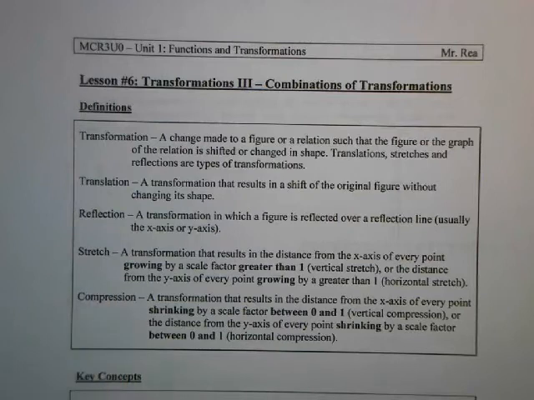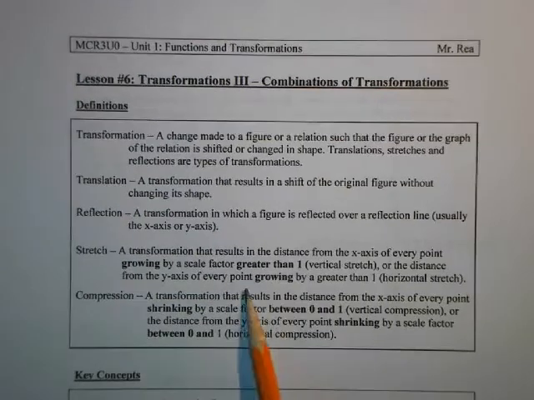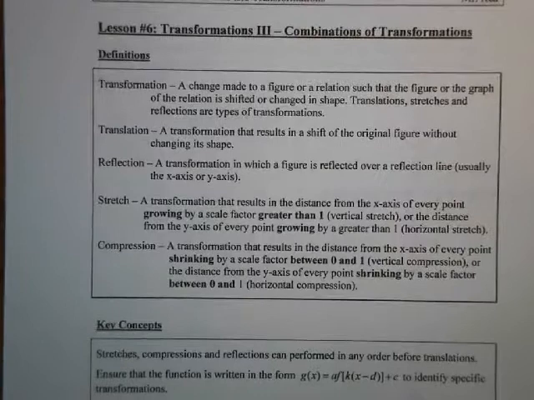Stretch and compression, that's your A and K value as well. K is responsible for horizontal stretches and compressions. A is responsible for vertical stretches and compressions. And I've got the information about how you know if it's a stretch or compression based on the value. Okay, so you can review that again.